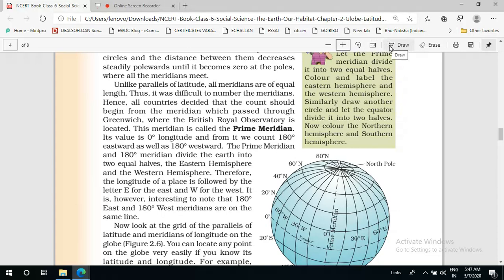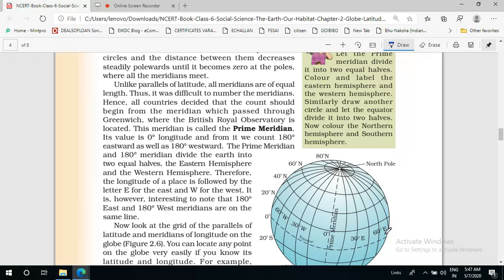Okay, and one more thing I told you is that when we move from this Greenwich meridian, or this 0 degree meridian, if we move towards the east, then we have to write E. So look at this, it is written 30-degree east, 60-degree east.